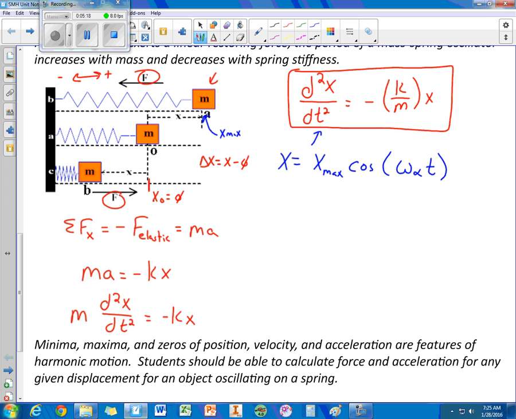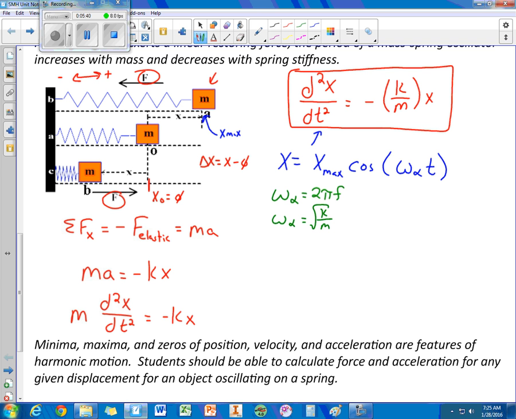All right, so some things that we have in here. First off, remember that angular frequency is 2 pi times frequency. Also, in this problem, the angular frequency will be the square root of spring constant over m.